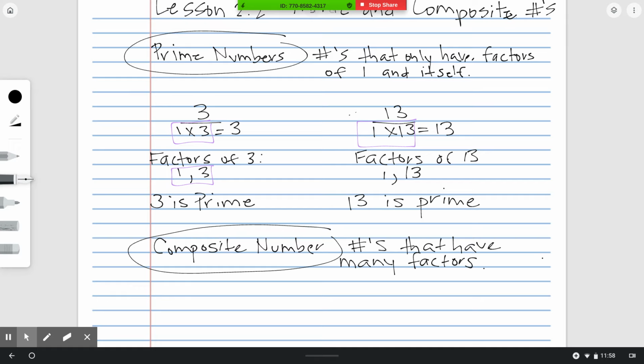And usually, instead of many, I could have put 3 or more. Because if we have 2 factors, it's technically prime. So 3 or more. I'll give you a second to write that down, and then we'll do some examples, and then I will show you your assignment.